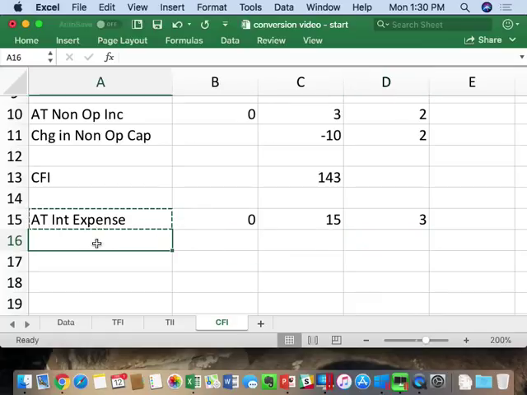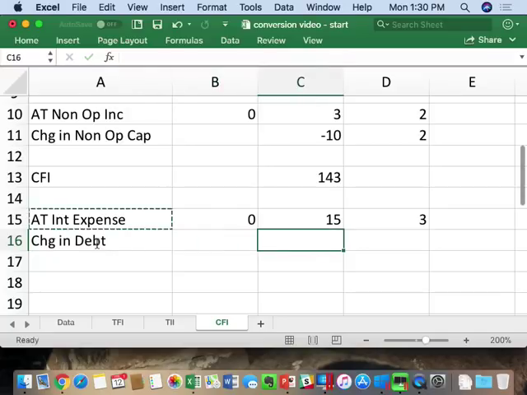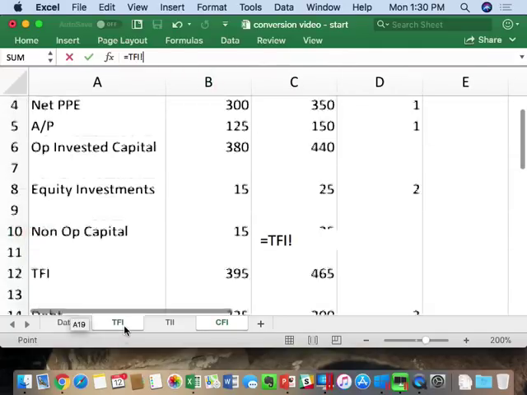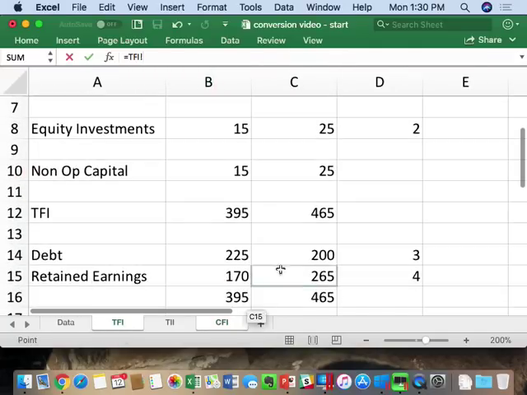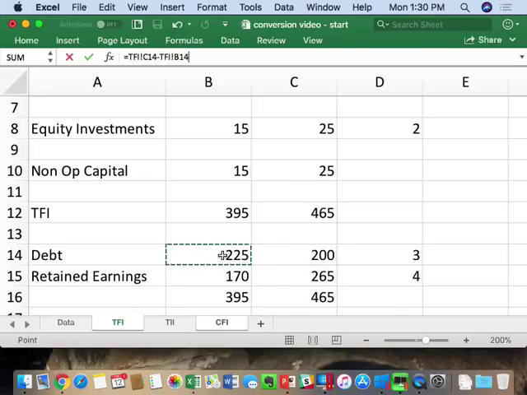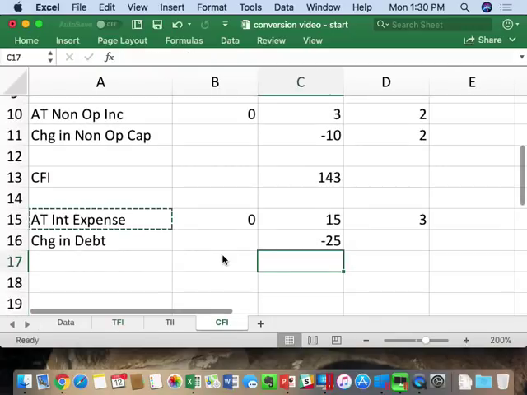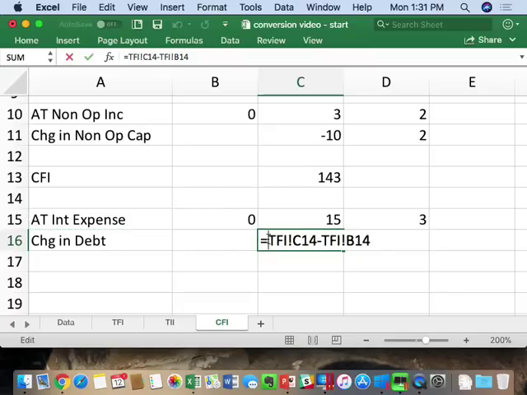Then change in debt. My debt went from 225 to 200. So did I borrow debt or pay off debt? Paid off 25. That's a distribution to the investor. So is that a positive or negative 25? That's a positive 25. Flip the sign.